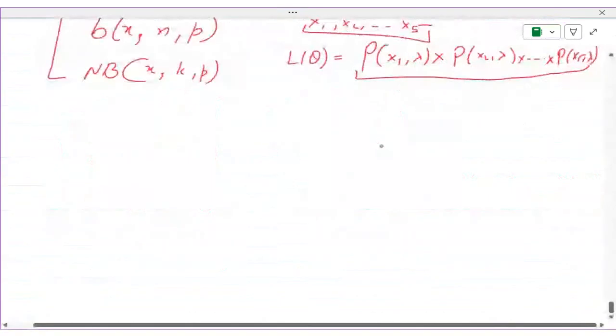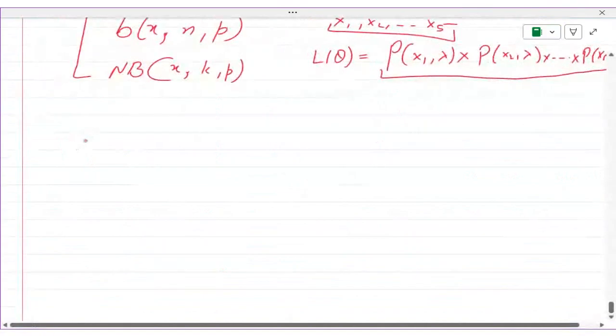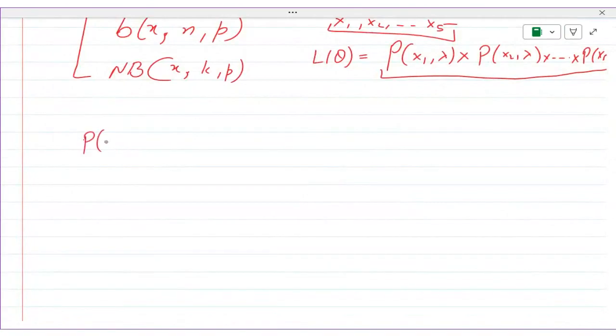So suppose we have taken a sample from the Poisson distribution. First of all, in the Poisson distribution, what is the probability function? If you want to find the probability, it is lambda power x and e power minus lambda divided by x factorial, right?